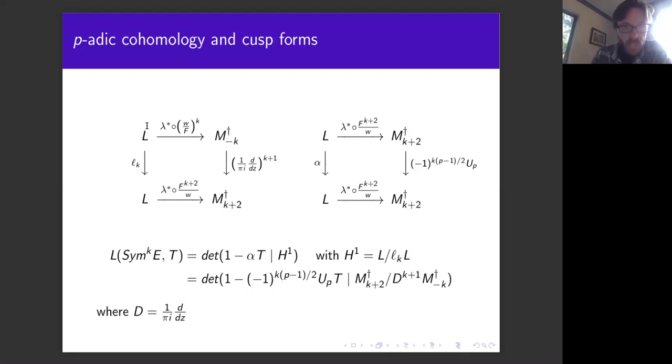Now I just want to go up to here. That's what you see here is L, this p-adic function space, and this Lk here. This lambda is the lambda modular map.